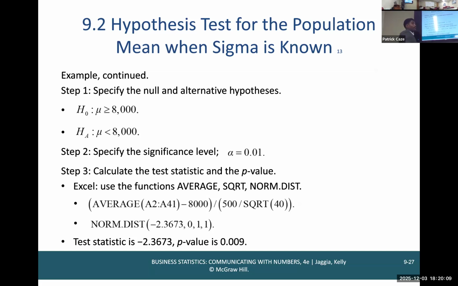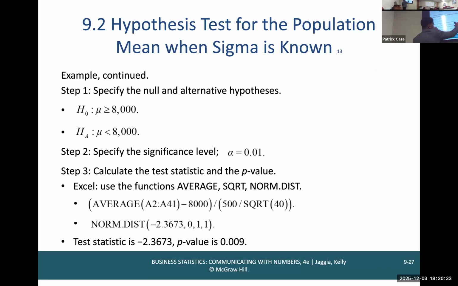So our null hypothesis has to be that it's greater than or equal to 8,000. Okay, everybody understand how we got that, right? Whatever you're stating as a researcher, that's your alternative hypothesis, because the status quo is assumed to be the opposite, right?